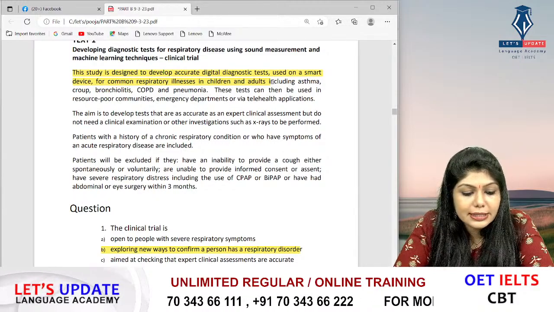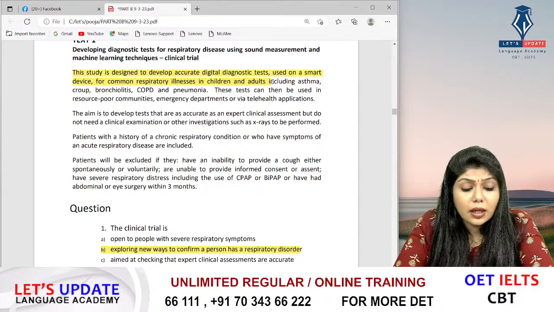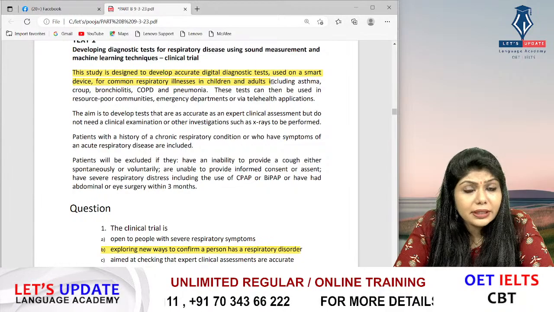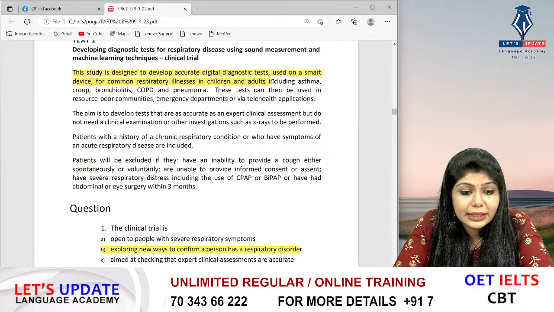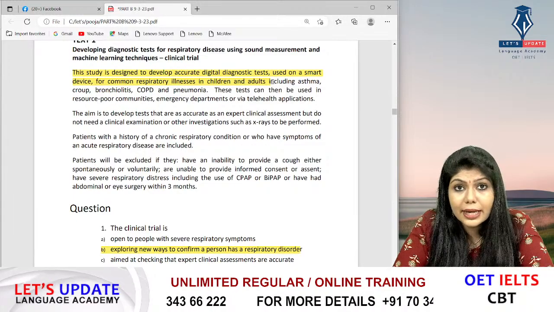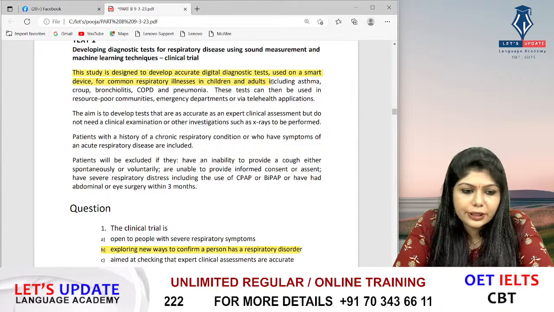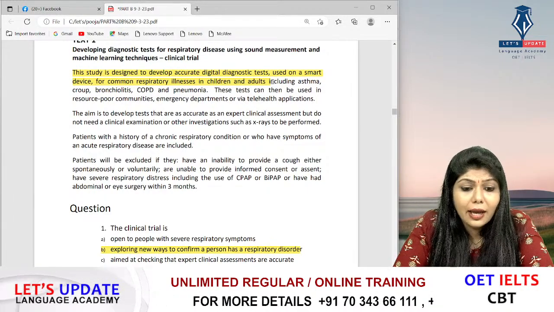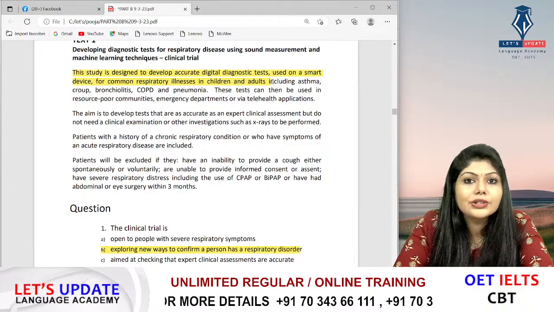And option C is aimed at checking that expert clinical assessments are accurate. Okay, so this is not aimed at checking whether it's accurate or not accurate. They are introducing this diagnostic test for respiratory illness, and it seems to be accurate. It should be accurate, definitely, but the main aim is not to check whether it's accurate or not.